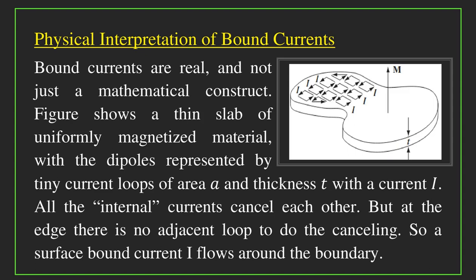Why it is called bound we can discuss, because each current is passing through a tiny loop, and a part of that current comes toward the outer surface, and on this part of the surface there will be a contribution from another current loop.